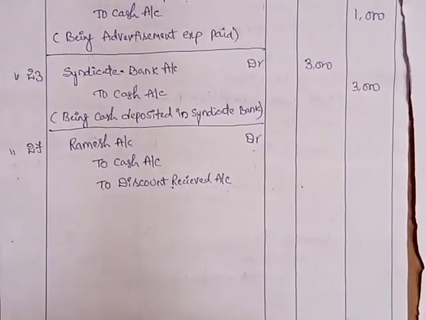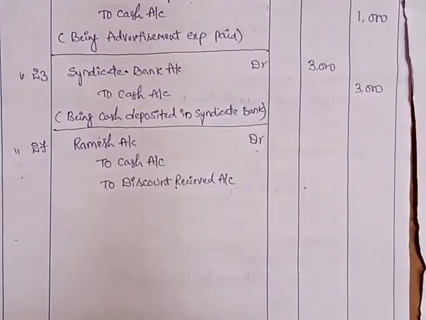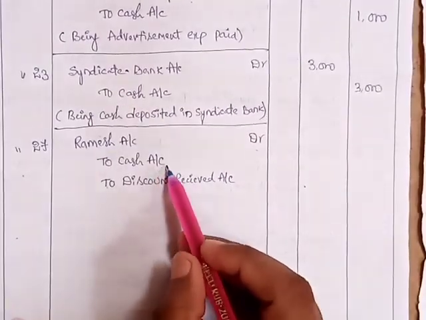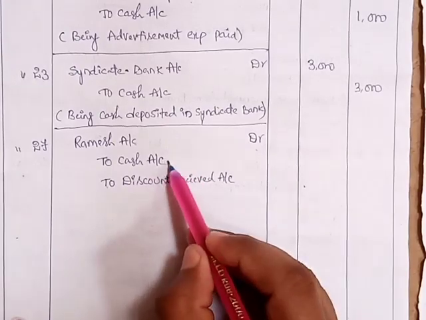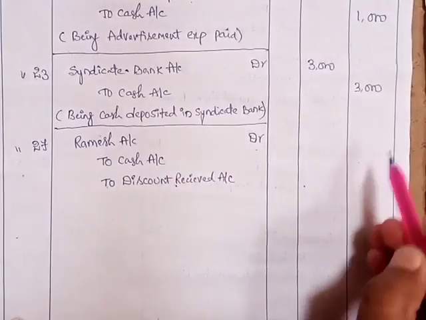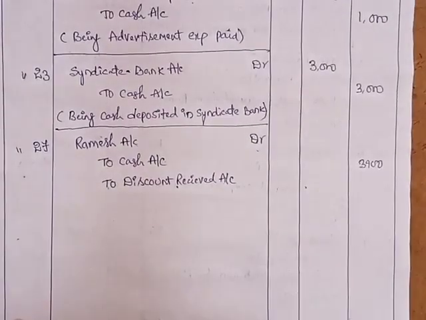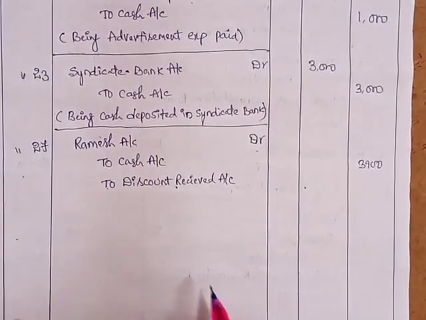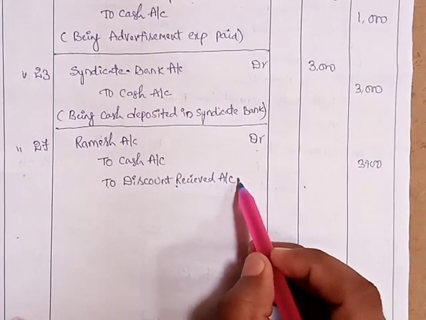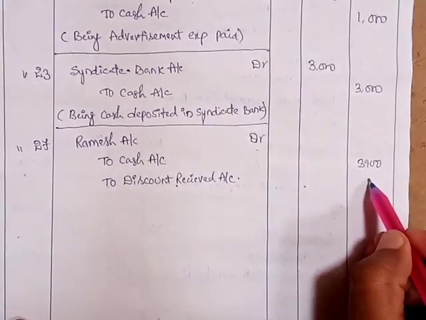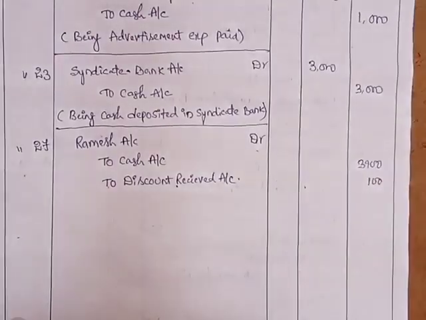So now we have to write the amounts. First of all, how much did we pay in cash to Ramesh here? 3900. That we should post against the cash account in credit column 3900. And how much did we receive as discount? 100 rupees. That amount we should write against the discount received line in the credit column.